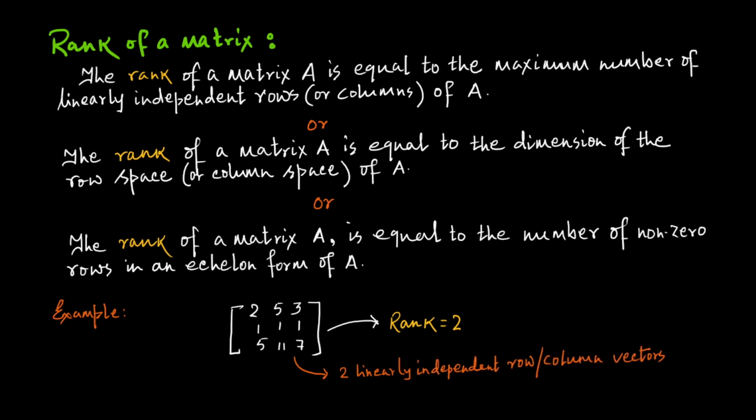And since the row vectors of this matrix form a linearly dependent set, if I name the matrix A, we can further say that the determinant value of this matrix A will be equal to 0. Further, we can say that the linear span of the row vectors, or the row space, is two-dimensional.